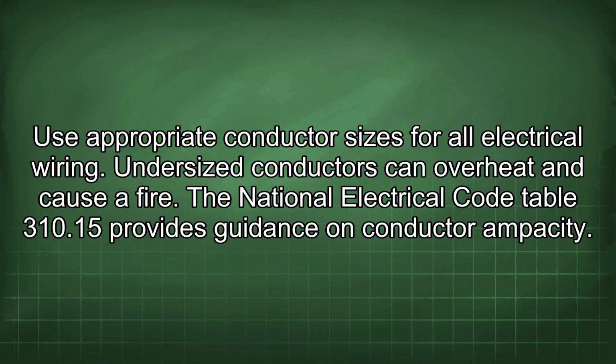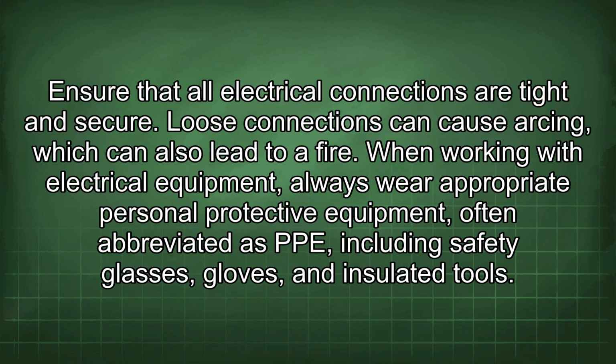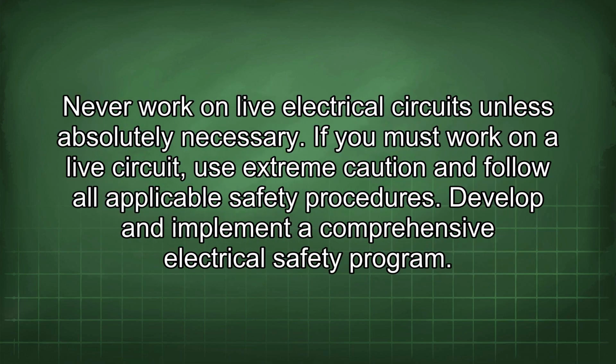The National Electrical Code Table 310.15 provides guidance on conductor ampacity. Ensure that all electrical connections are tight and secure. Loose connections can cause arcing, which can also lead to a fire. When working with electrical equipment, always wear appropriate personal protective equipment, often abbreviated as PPE, including safety glasses, gloves, and insulated tools. Never work on live electrical circuits unless absolutely necessary.